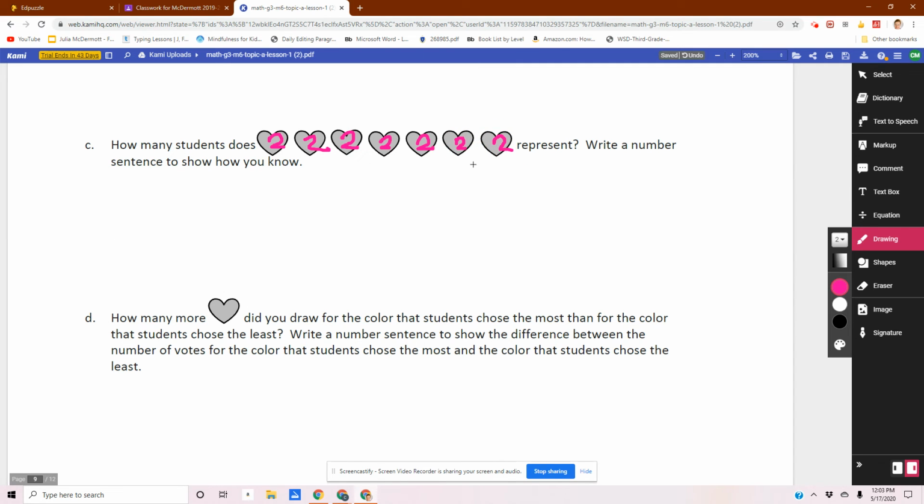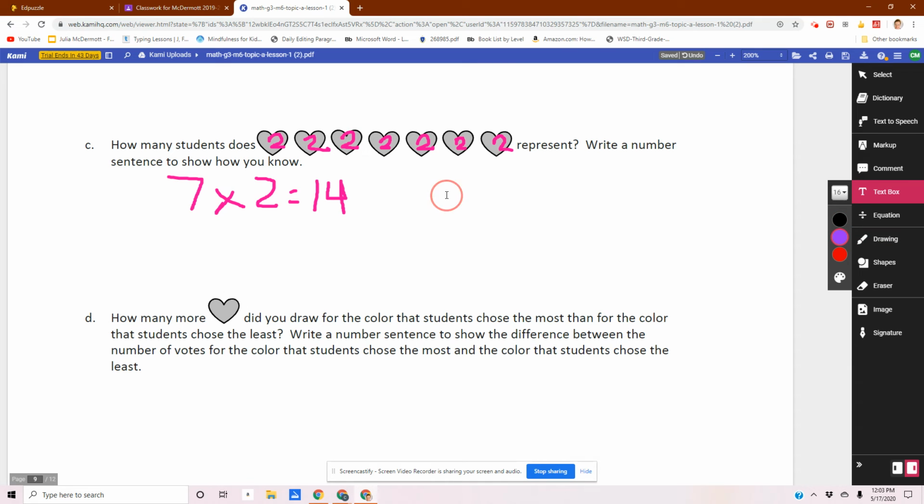To make a number sentence, I think I'll do this. Since I know that there were 1, 2, 3, 4, 5, 6, 7, I could do 7 times 2 equals 14. And then I could just fill in that 7 hearts equals 14 students.